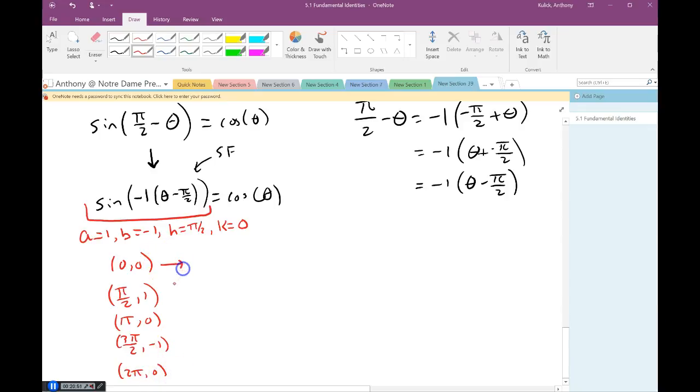And if I transform them, I end up with pi over 2, 0, and then I have pi, 1, oops, that's not that. That's 0. Egads!